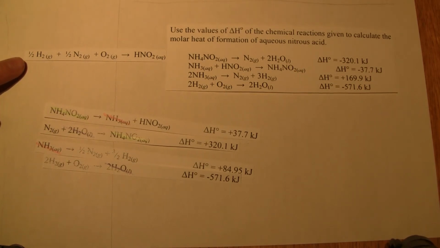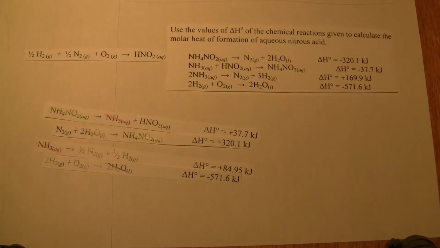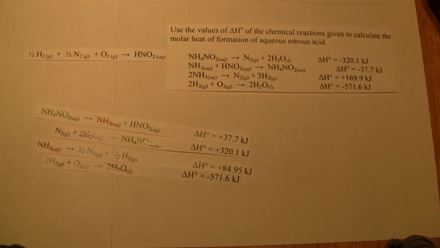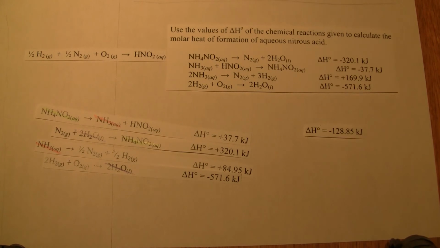So our goal equation. And so Hess's law says that we can add up the enthalpies because the enthalpies of the steps are equal to the enthalpy of the whole step. So here we have the steps, and here we have the whole, so to speak. And what do we get when we add all of these up? We get negative 128.85 kilojoules.